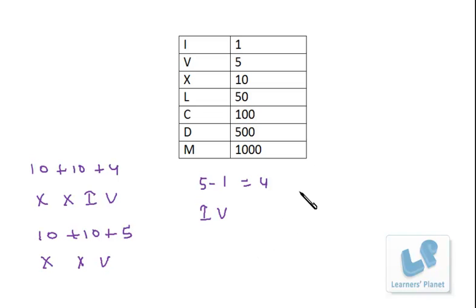Now similarly 26, that is 10 plus 10 plus 5 plus 1, so it's XXVI. Now 27, it's 10 plus 10 plus 5 plus 1 plus 1.